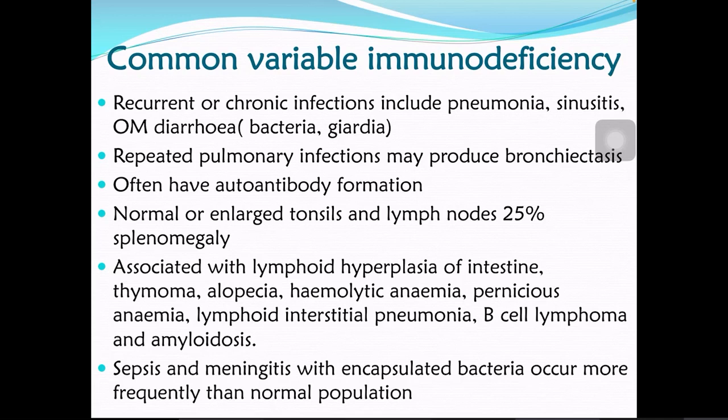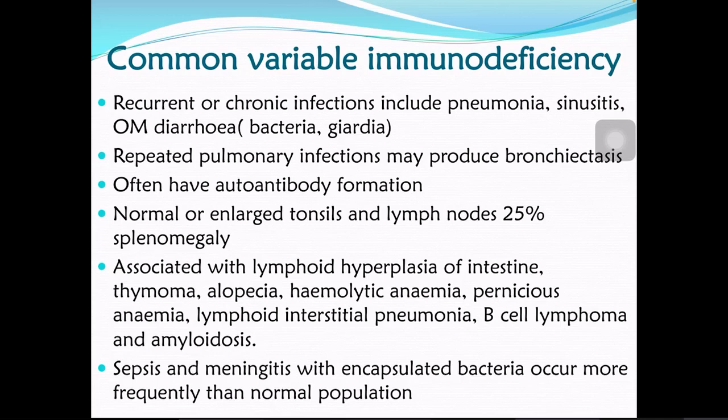Compared to X-linked agammaglobulinemia, CVID patients have a tendency to form autoantibodies, and their tonsils are normal or they may be enlarged, and they also do have lymph nodes, and about 25% of patients with CVID will have associated splenomegaly.